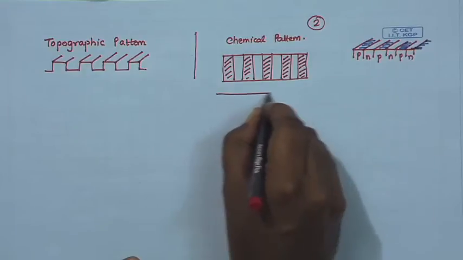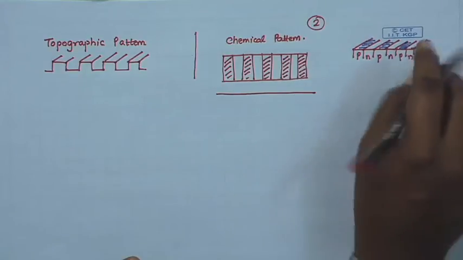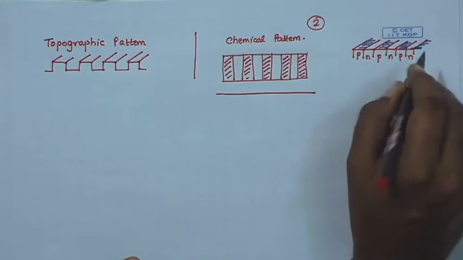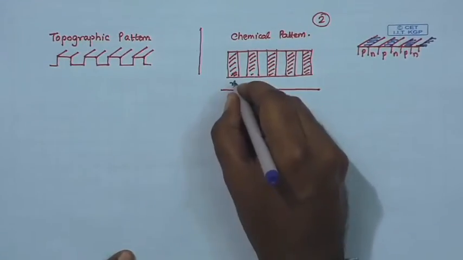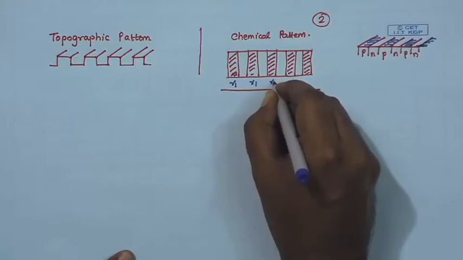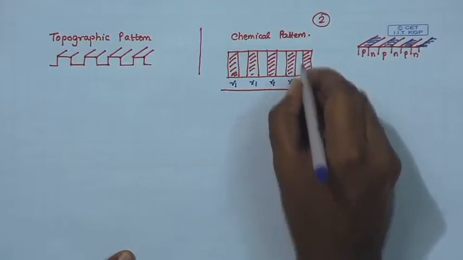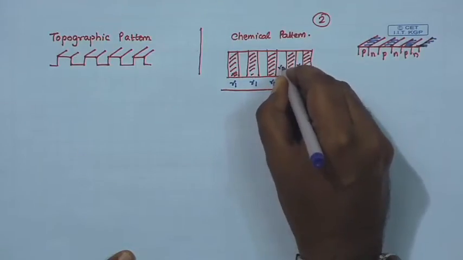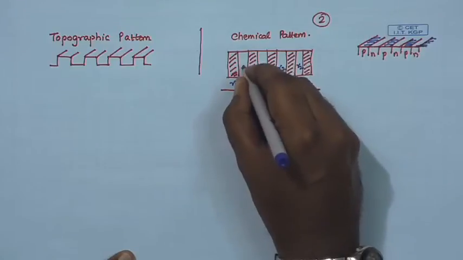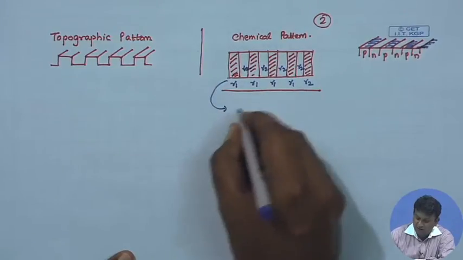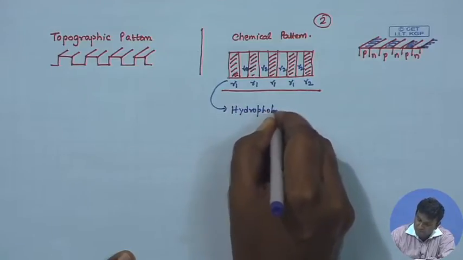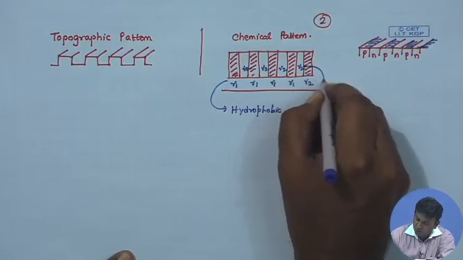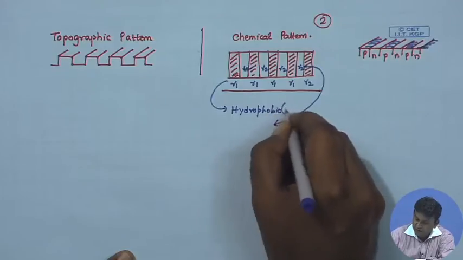If you look at the line profile with an atomic force microscope or a surface profilometer, it will be flat, but these shaded areas refer to, let us say, surface energies gamma 1, and these areas refer to gamma 2, and it is very common to have, let us say, gamma 1 hydrophobic and gamma 2 hydrophilic.